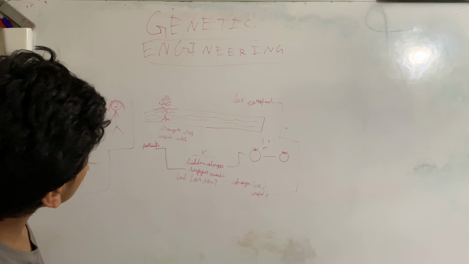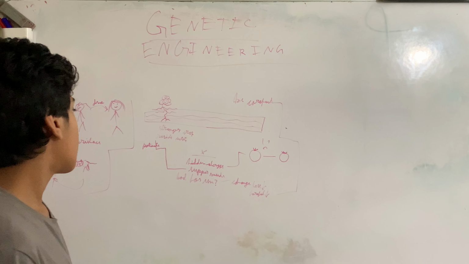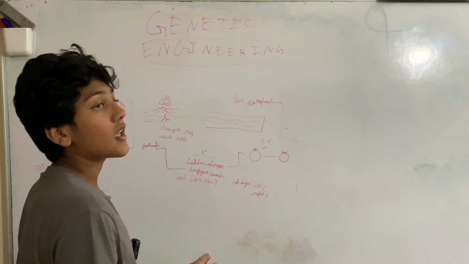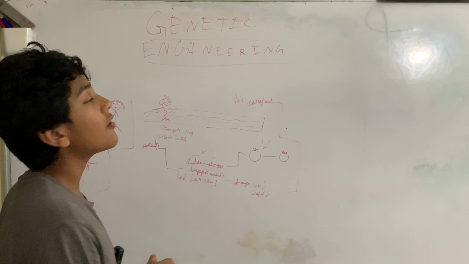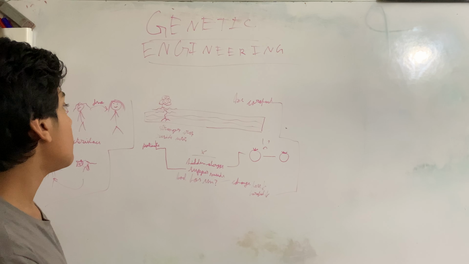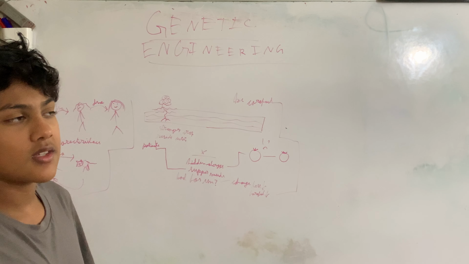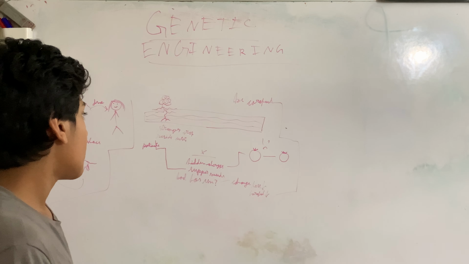So it might seem all good, but why is there so much controversy around genetic engineering? Well, there are many things that can go bad with it, such as, one, hidden allergies. Most allergic reactions are due to the protein build that the DNA creates.